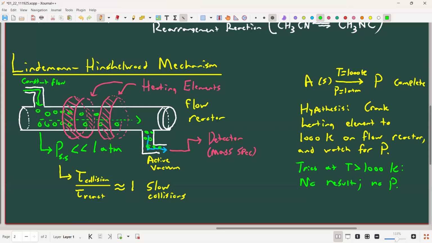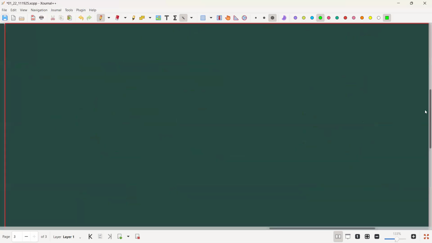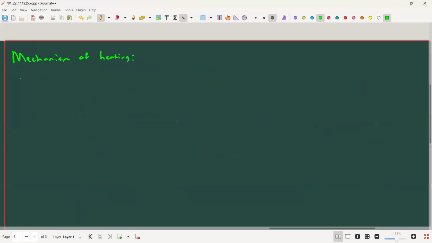The first thing to think about is how does that heat the molecules? So what is the mechanism of heating?